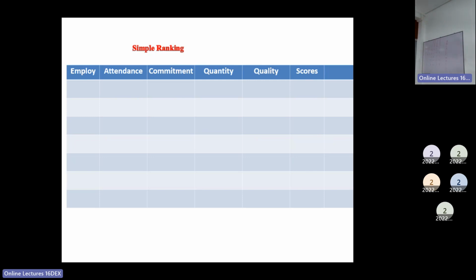First, from the list, you select the best employee and the worst employee. Who is the best? Who is the worst? Best is recorded on the top of the list. Worst is recorded at the bottom of the list.